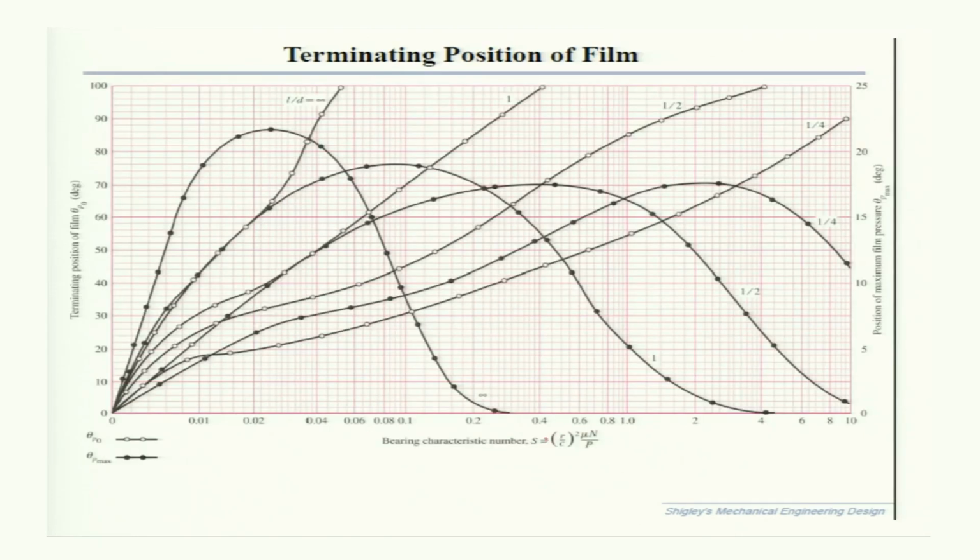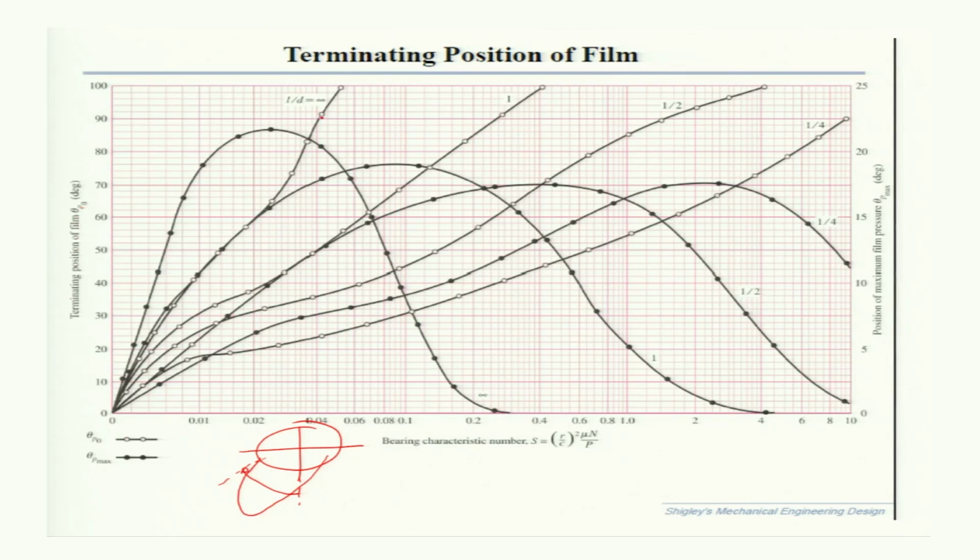Then in this figure, you have a Sommerfeld number and different parameters. Along this axis is the terminating position of film theta P0. If you remember, the pressure distribution was something like this. From the direction of radial load, this location was obtained, and this angle was your terminating position of film theta P0.